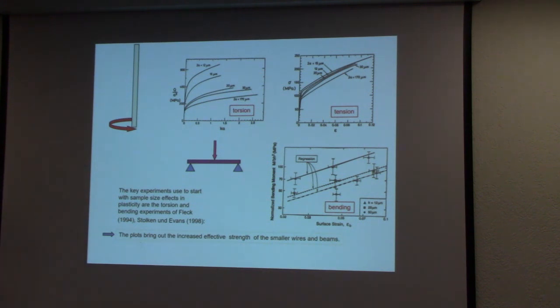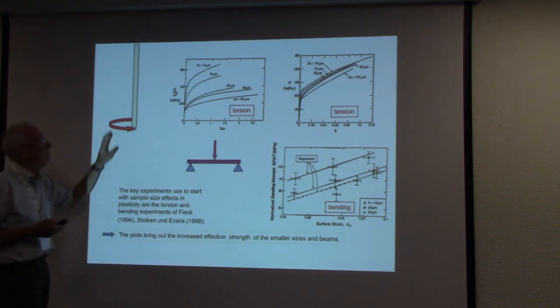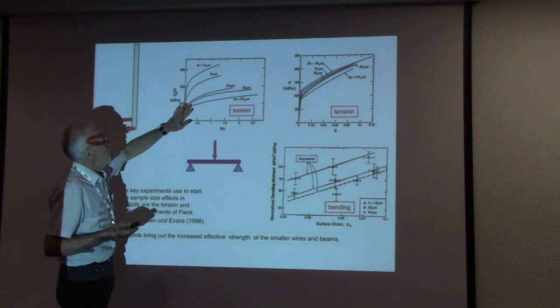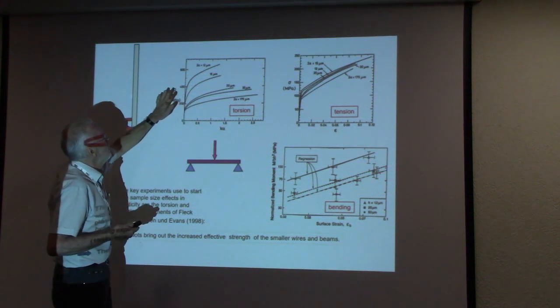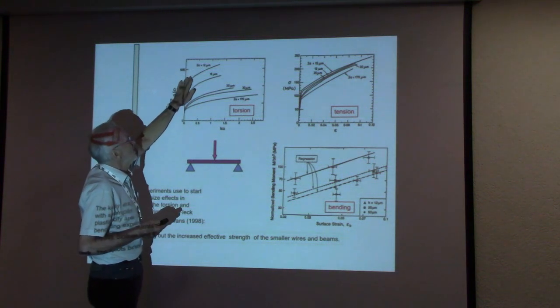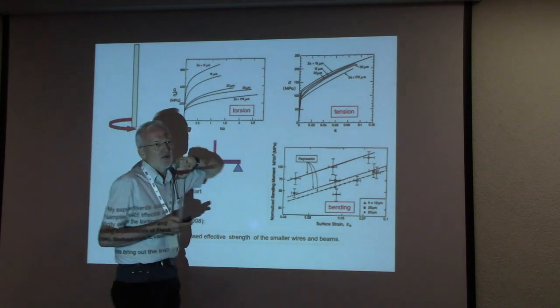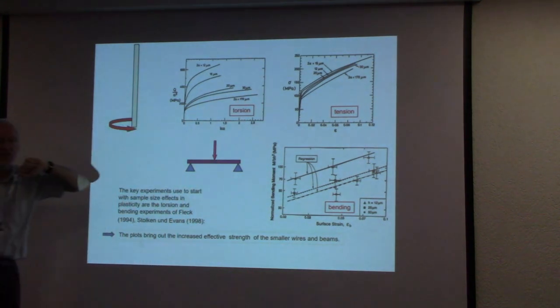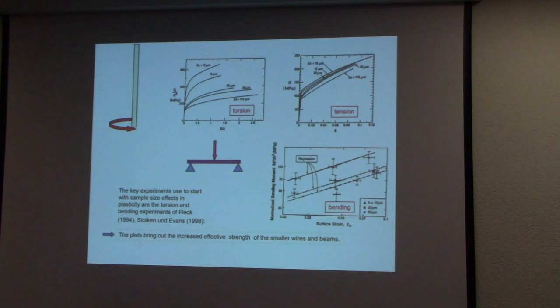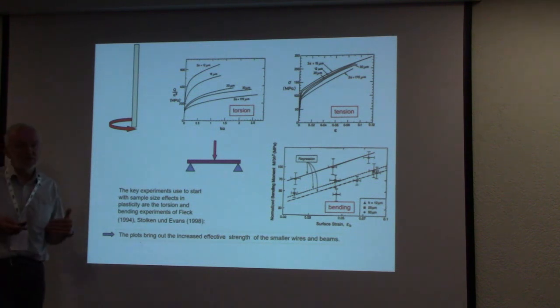But the question was now, can we use this strain gradient theory? These are samples in the region of from 10 to a few hundred microns. Can we use this strain gradient theory also to smaller dimensions?